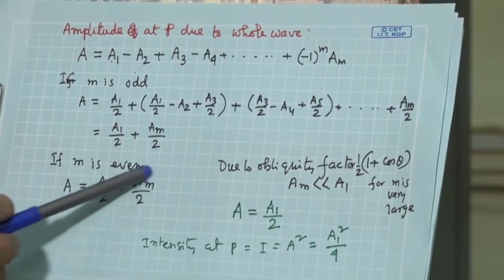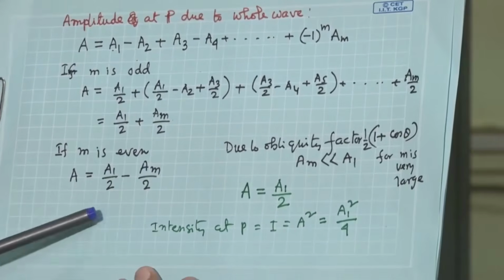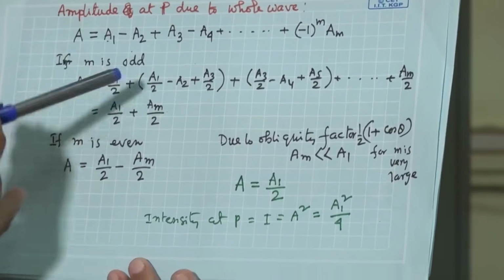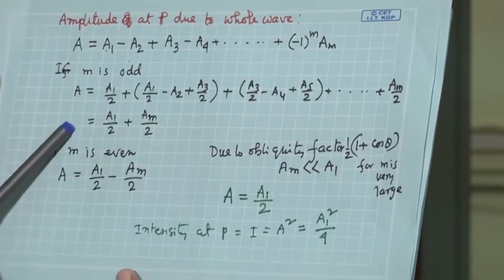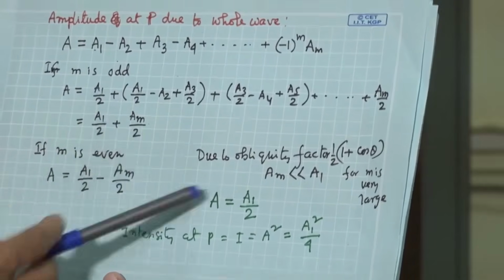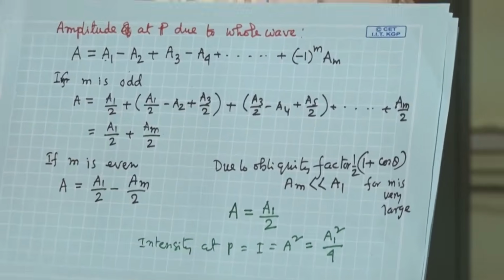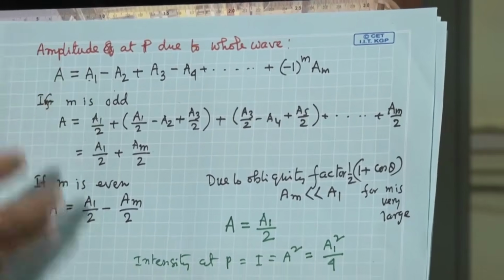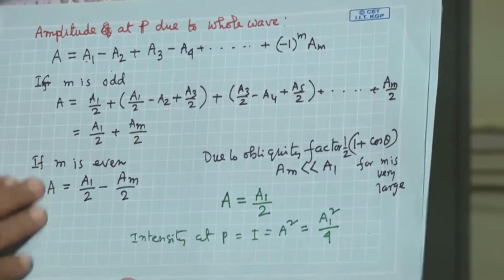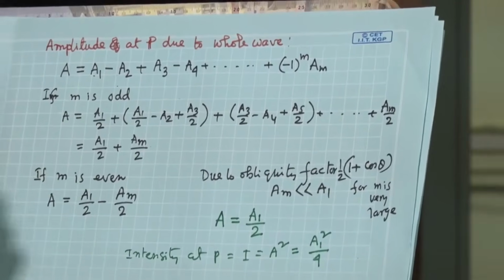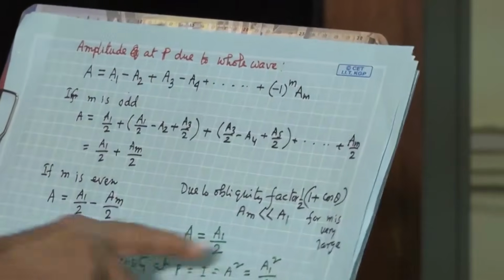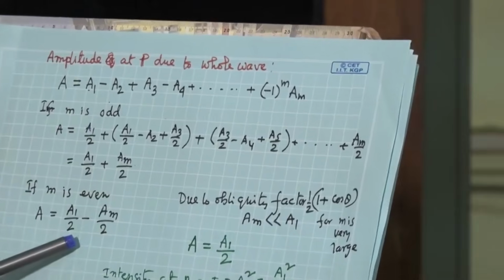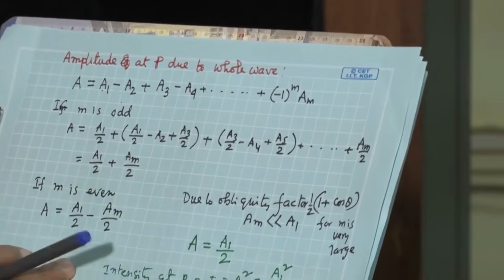So one can neglect AM, and it will be A1 by 2. So if all zones are open, the resultant amplitude at point P is half of the amplitude of the first zone. That is a very small intensity, the square of the amplitude, so it will be A1 square by 4.